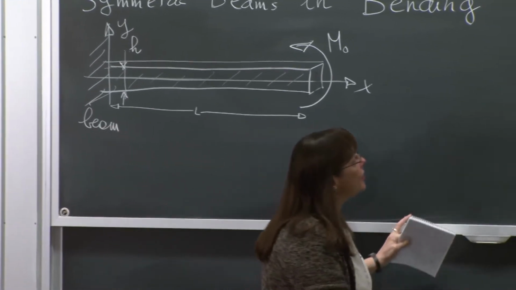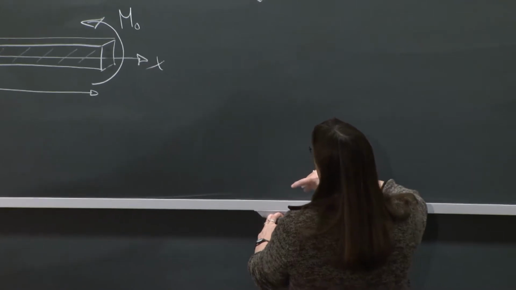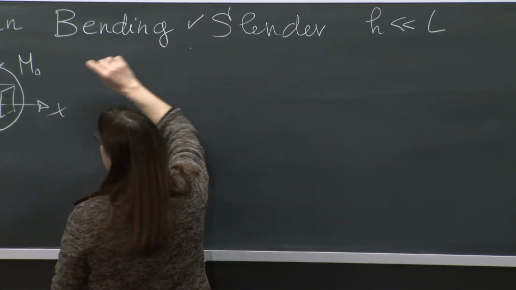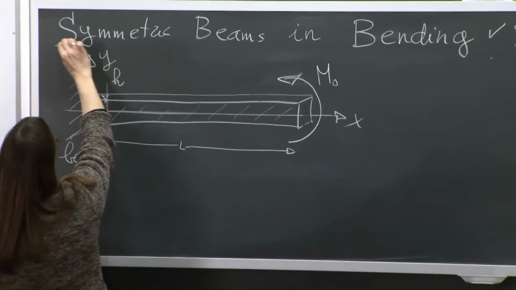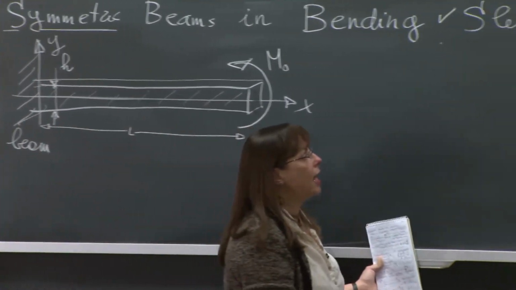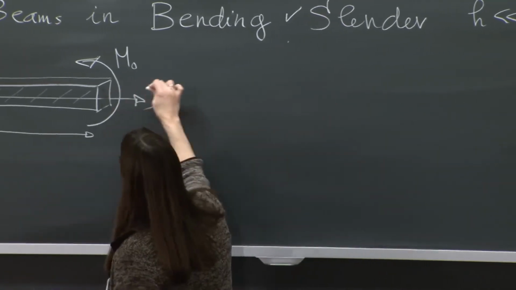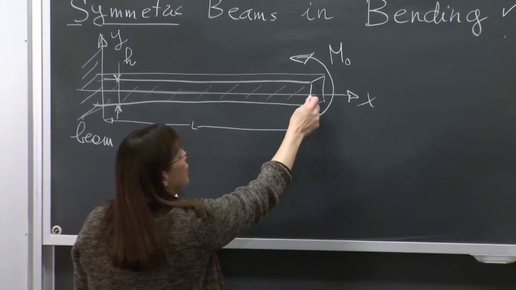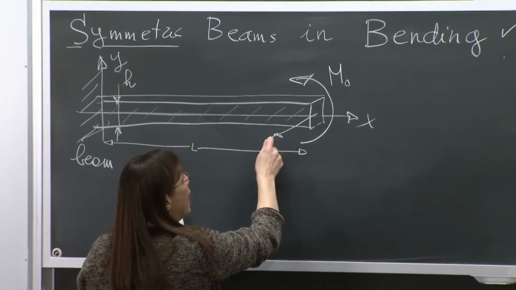Now, the other simplification that we do in 201 is that the beams are slender, and also the beams that we deal with in 201 are symmetric. What that means is that if this is my x-axis and this is my y-axis, the z-axis will be coming out of the board.